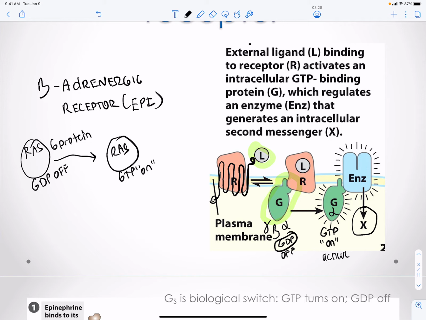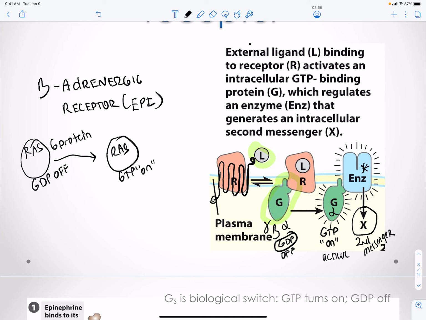And then you're going to have some sort of enzyme or channel that's going to be regulated by the G protein. So here we have our enzyme that's activated by the G protein, and then it's going to transduce some sort of signal. Here's our second messenger, which is going to impact all the downstream targets.